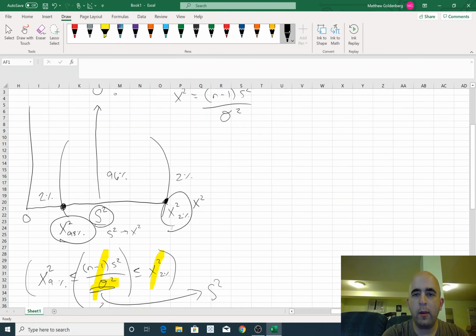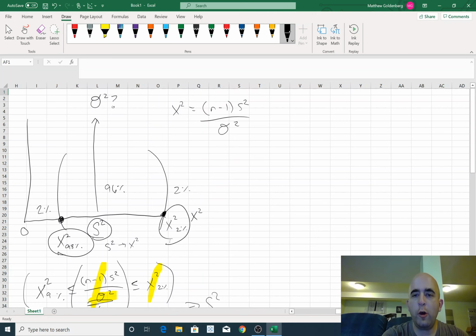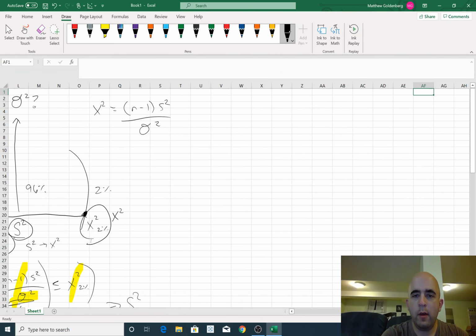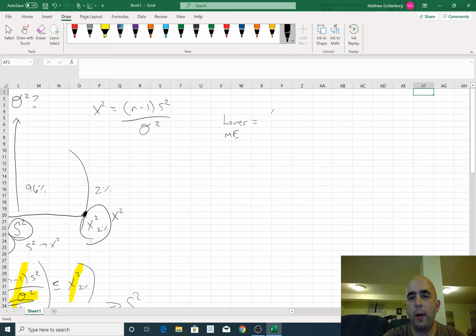Your lower margin of error is going to be your n minus 1 times that over the chi-squared of your upper.